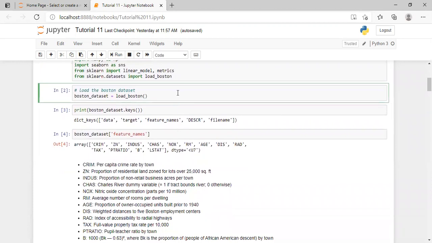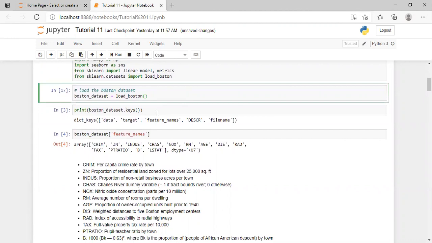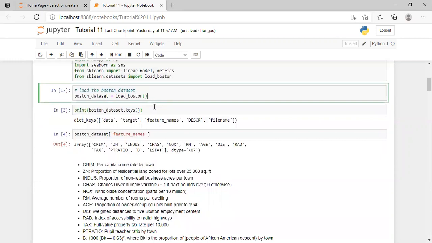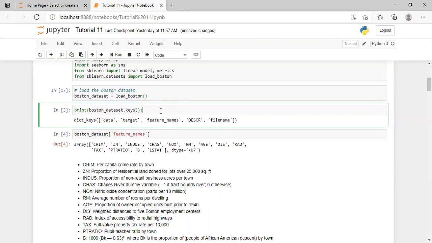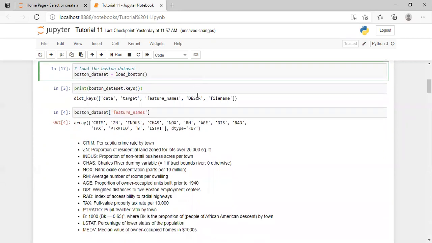Scikit-learn already has some basic datasets to help understand the concepts. So I'm using the Boston dataset from there. The load Boston command has been used, and I'm storing the dataset in the variable Boston dataset.